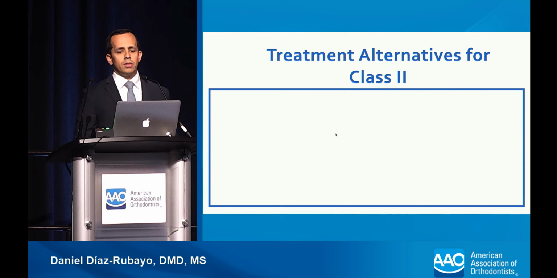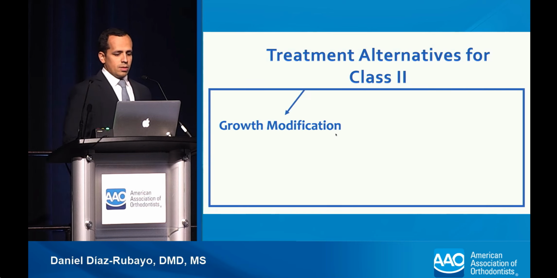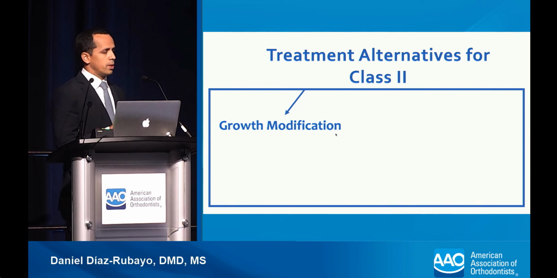And now let's talk about general treatment alternatives for class 2 malocclusions, okay? When the patient is young enough, you can do some growth modification, where we can use different appliances like Maras and Herbst.